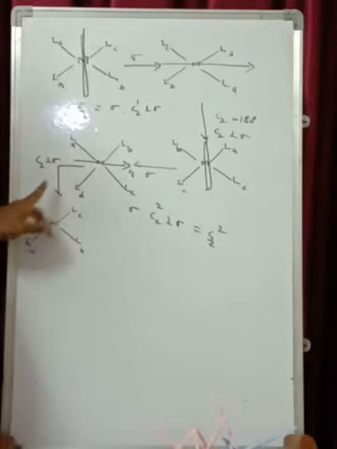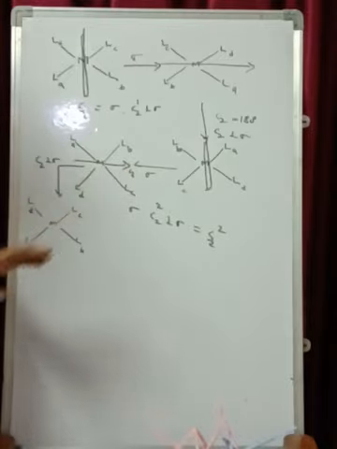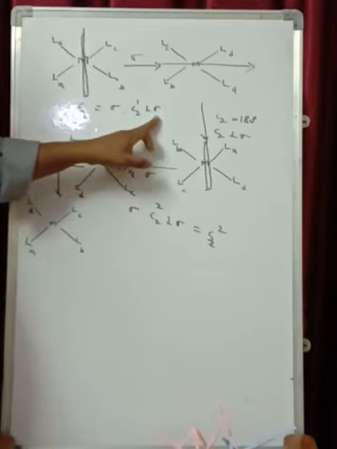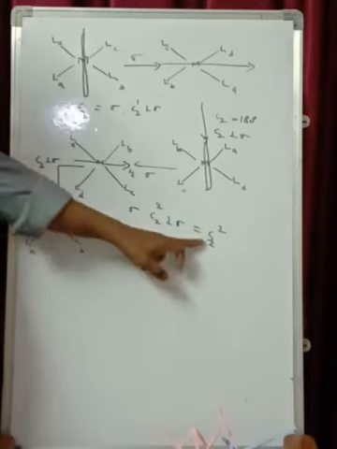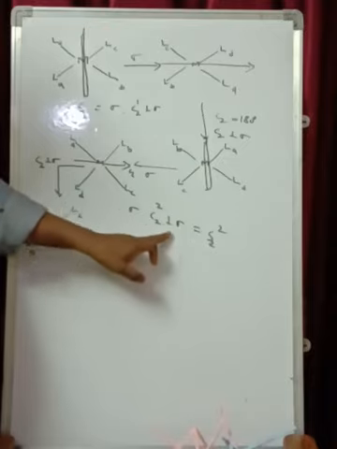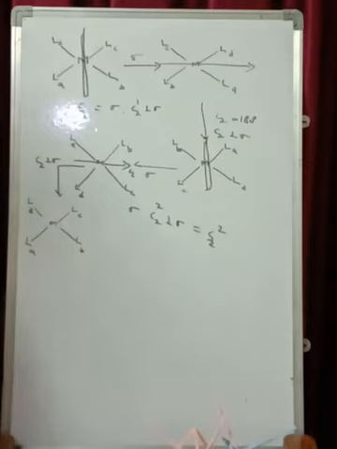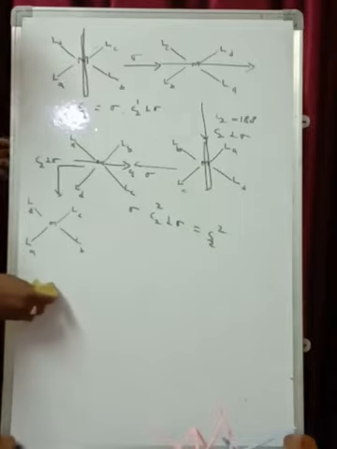Now, this is done by doing S2 1 and S2 2. S2 1 is nothing but sigma followed by C2 1 perpendicular to sigma. S2 2 is nothing but sigma followed by C2 2 perpendicular to sigma. So this is the improper axis of symmetry in the case of square planar molecules, where it has an S2 improper rotational axis of symmetry.